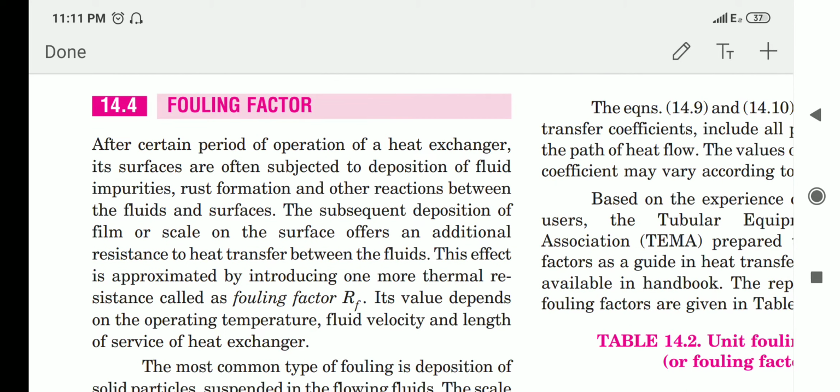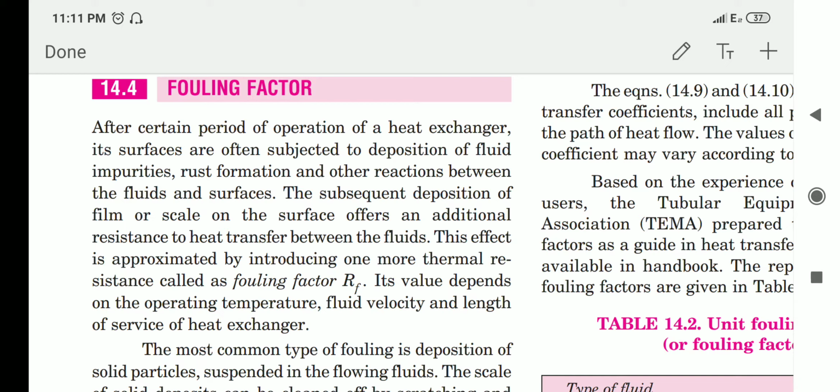So chances are, suppose the fluids coming to the heat exchanger are corrosive, and even the water coming will have some dirt and all. So in prolonged use, the heat exchanger's walls will be covered by some dirt, scales or sedimentation. This sedimentation, in fact, acts as a resistance to the flow.